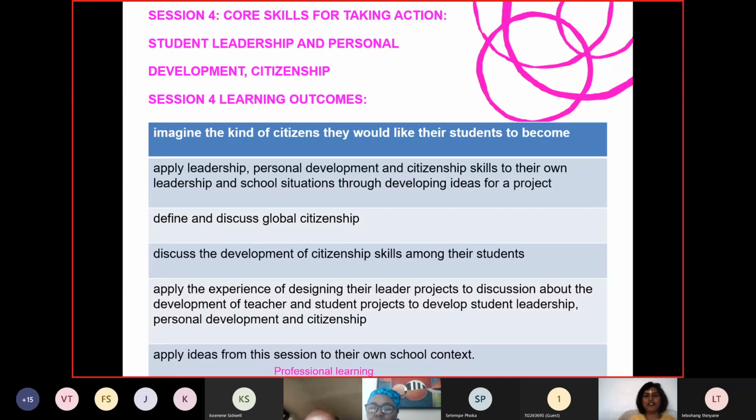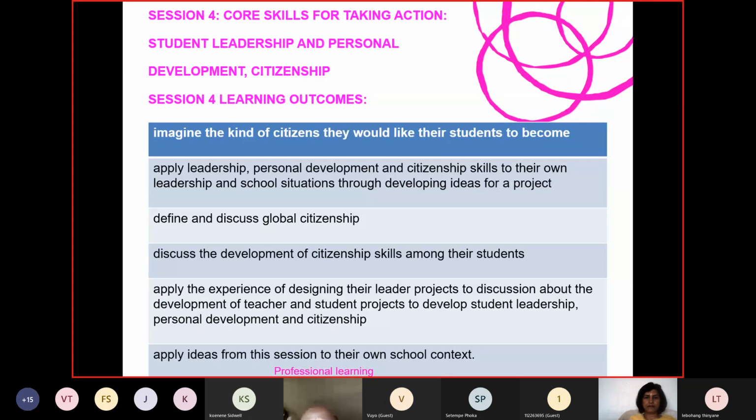Start with the first one. Thank you very much. The first one reads: imagine the kind of citizens they would like their students to become.